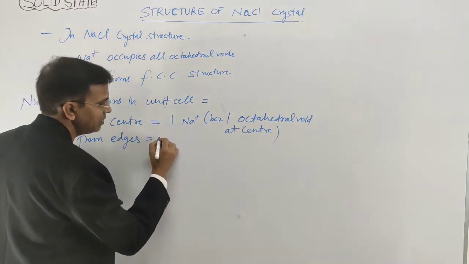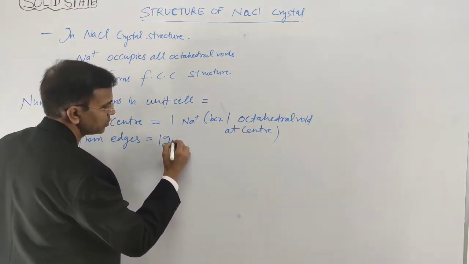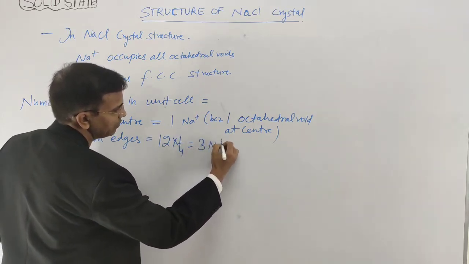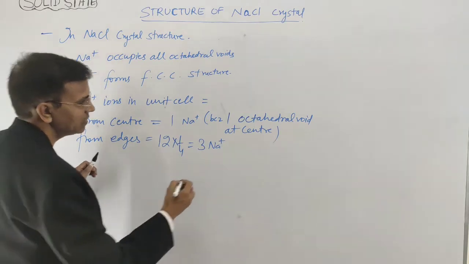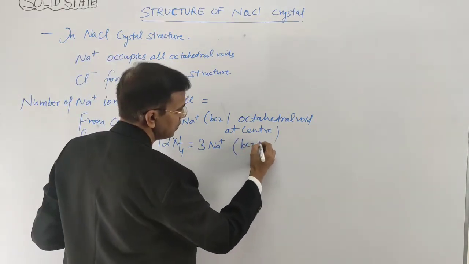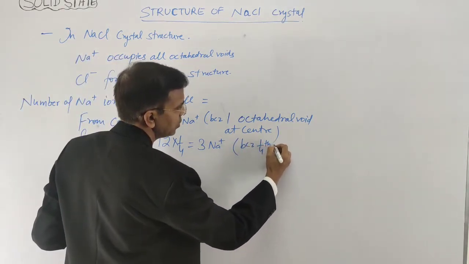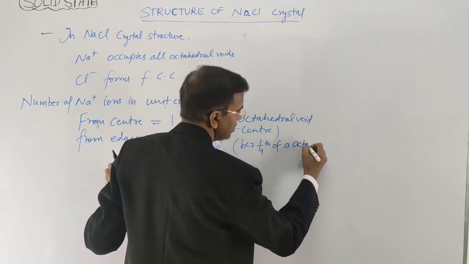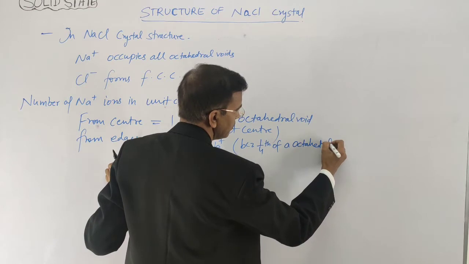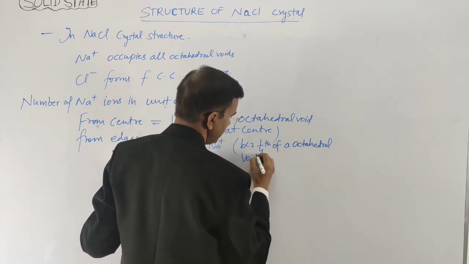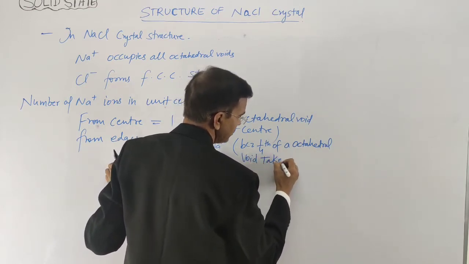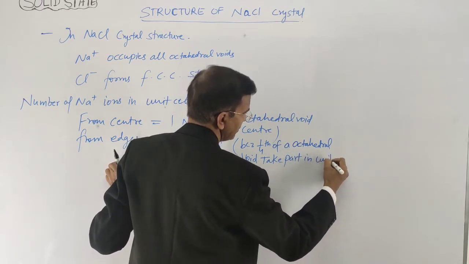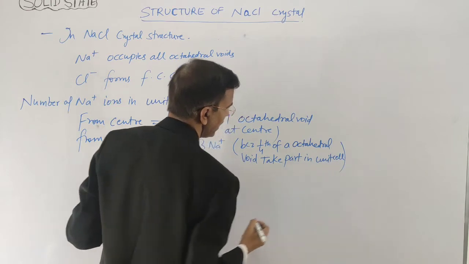So 12 edges are there, and from the 12 edges, 1/4 part, that is 3 Na positive ions, because 1/4 part of the octahedral void takes part in the unit cell, right?